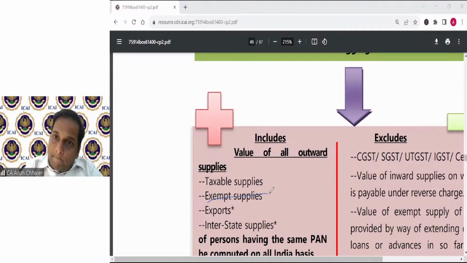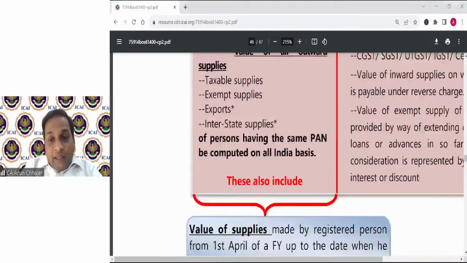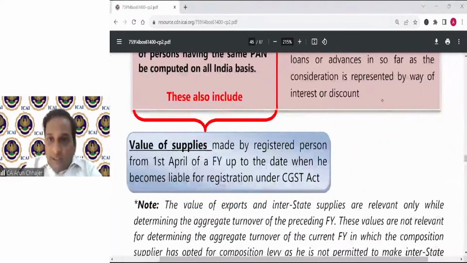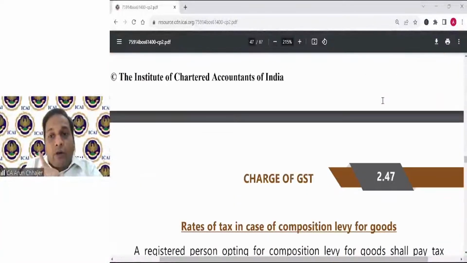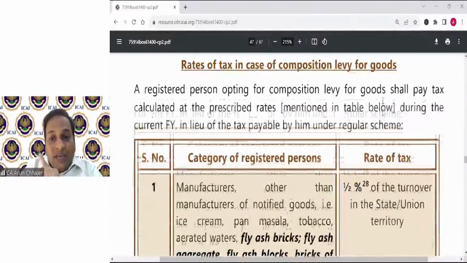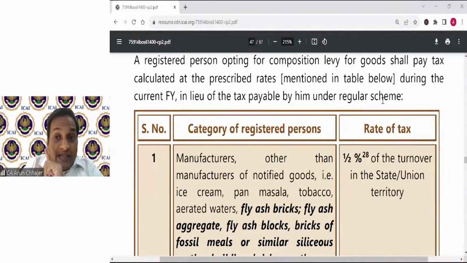Now, the definition is almost the same. Turnover in the state or UT. It says all taxable supply, all exempt supply, etc. So meaning thereby, if you are using the word turnover in the state or UT, it means you are talking about both the taxable portion as well as the exempt portion. So what is my answer?